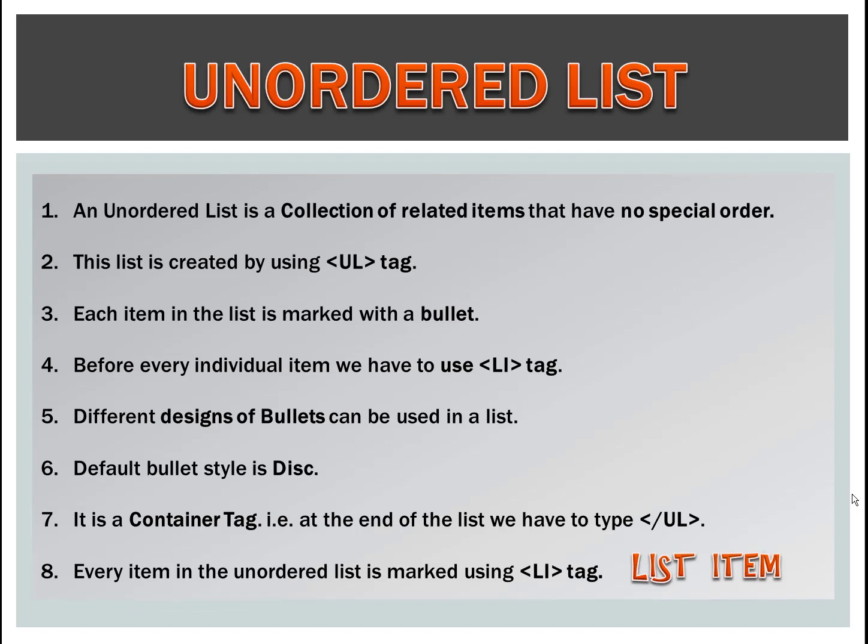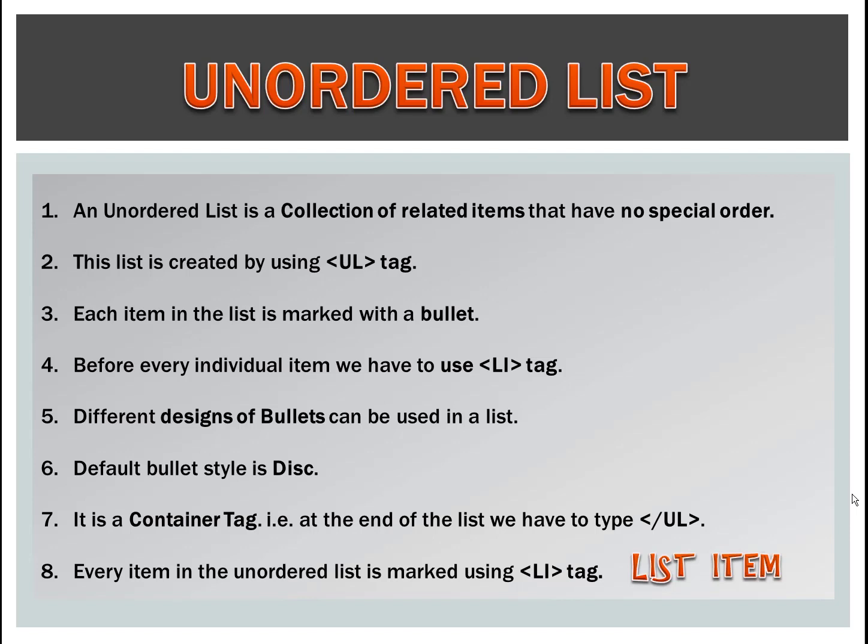First is the unordered list. An unordered list is a collection of related items that have no special order. This list is created by using the UL tag. Each item in the list is marked with a bullet. Before every individual item, we have to use the LI tag. LI means list item tag.